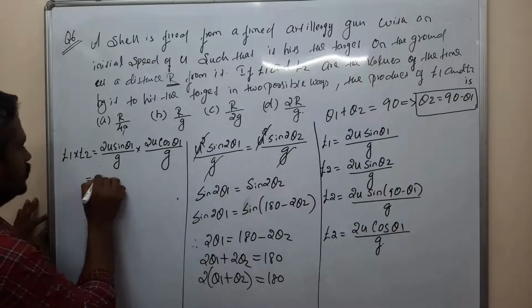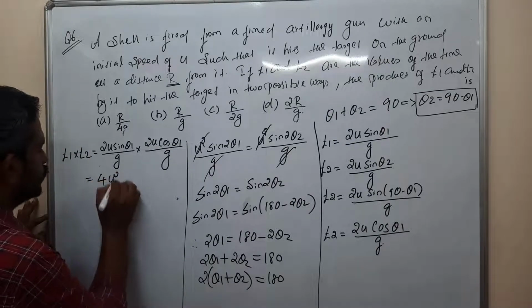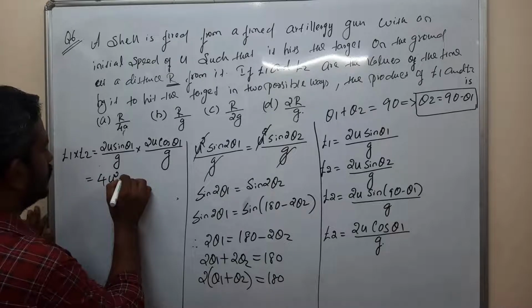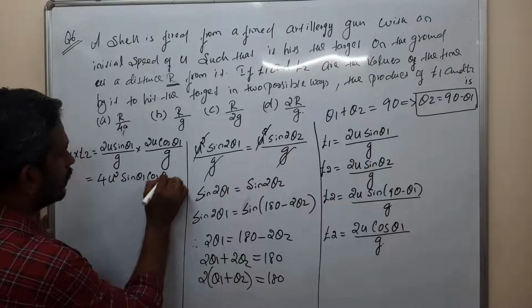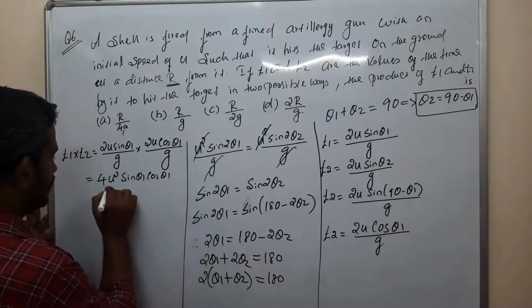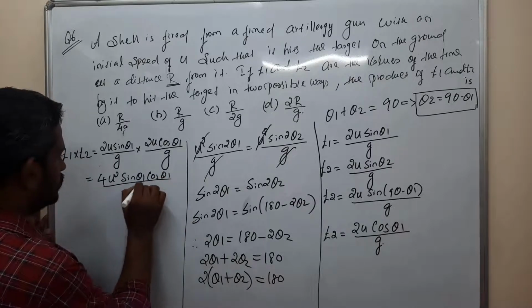So that's equal to 4u square sin theta 1 cos theta 1 divided by g square.